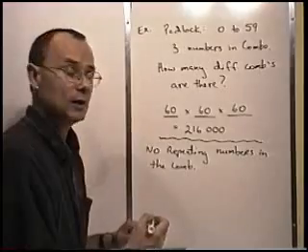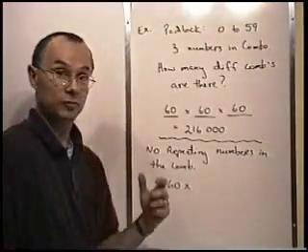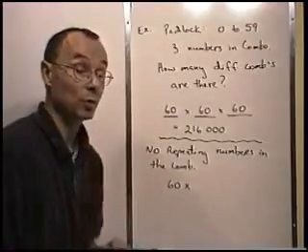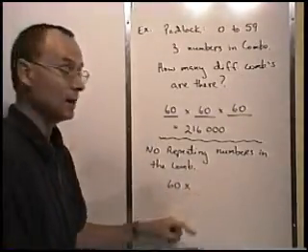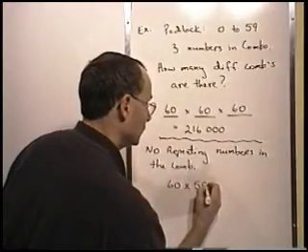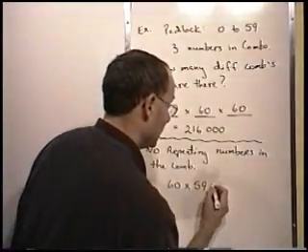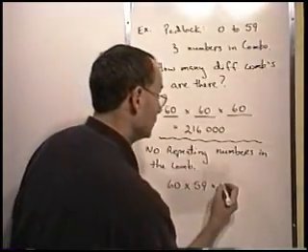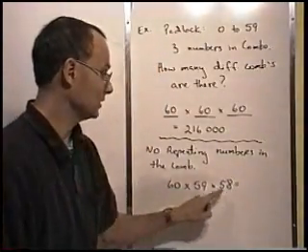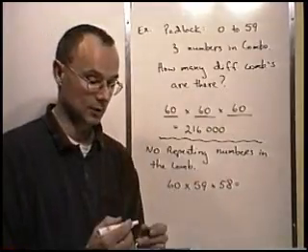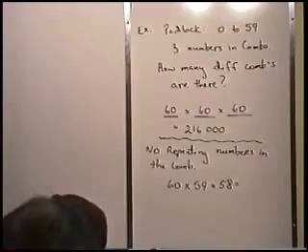If we didn't allow any repetition, we'd still have 60 numbers for our first choice. But remember, one of those numbers has now been used. So you only get 59 choices for your second number. You can't use the first one again. And lastly, you only get 58. The reason is because you can't use the first or the second number again. There's no repetition allowed.